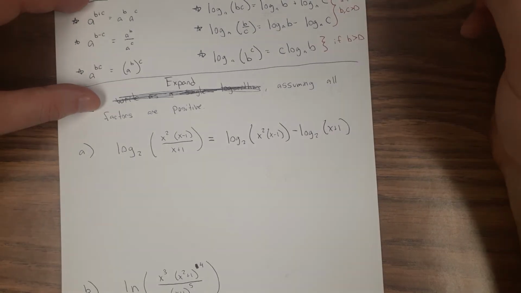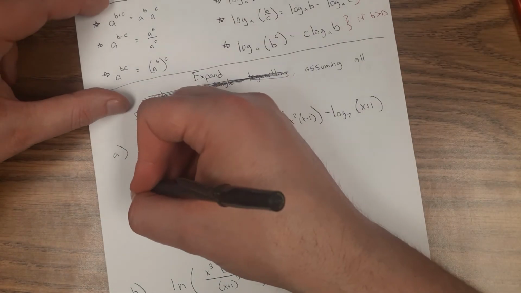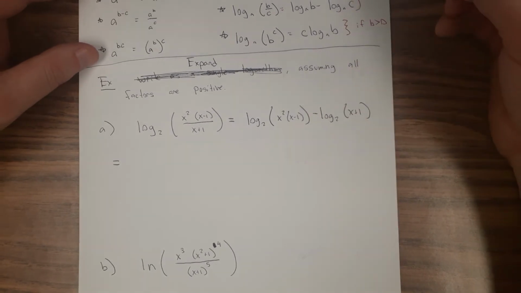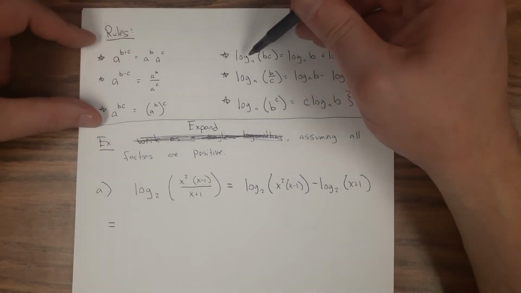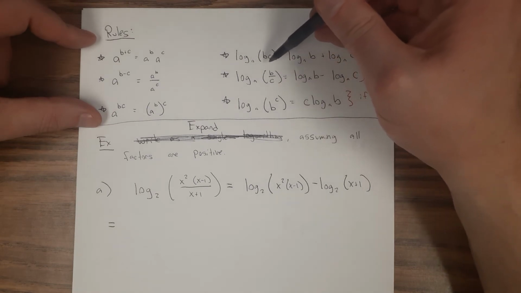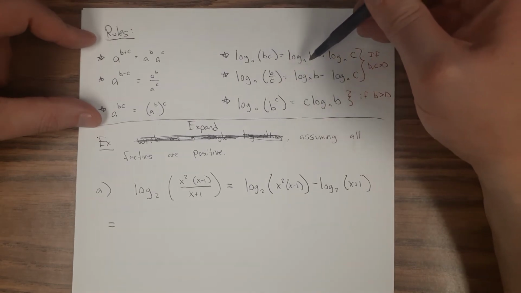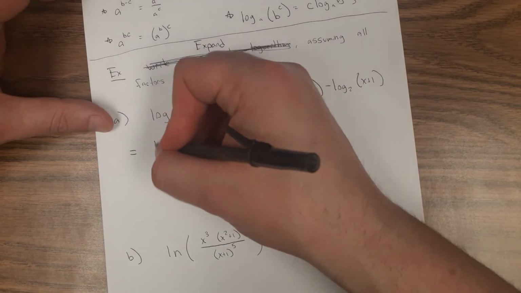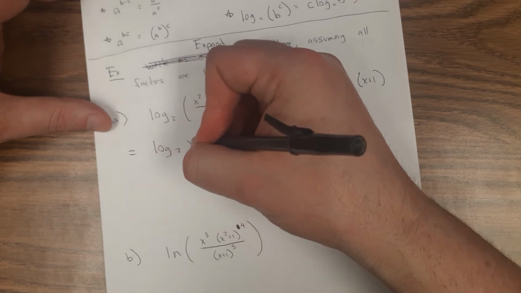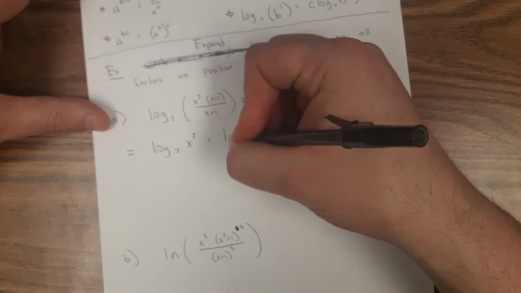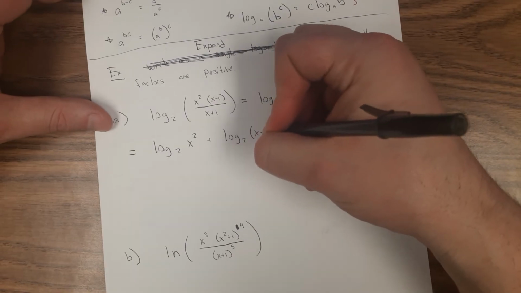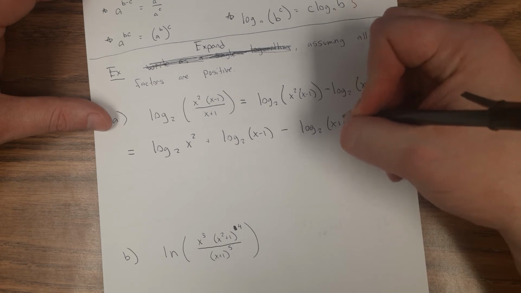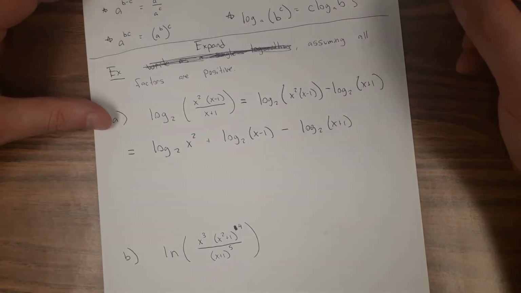Like that. I can still expand because I see multiplication inside of the logarithm. And if I see multiplication inside of the logarithm, I can turn it into the logarithm of one thing plus the logarithm of the other thing. So here I can say log base 2 of x squared plus log base 2 of x minus 1 minus log base 2 of x plus 1, which I just copied down from there.